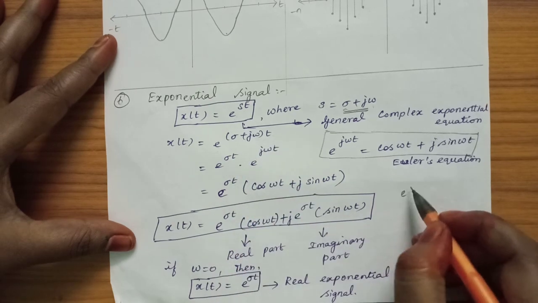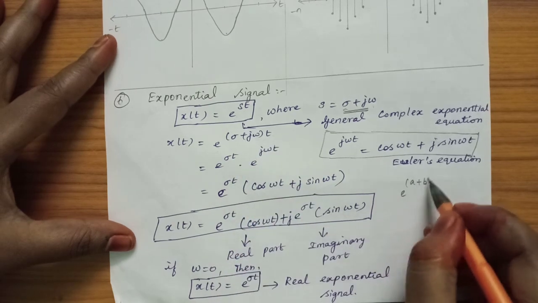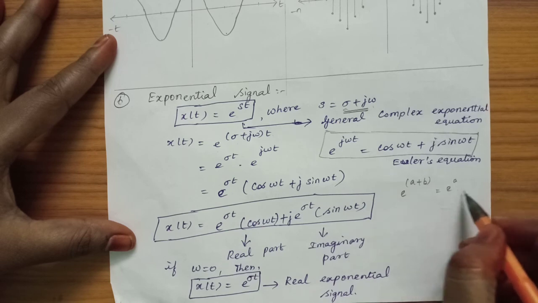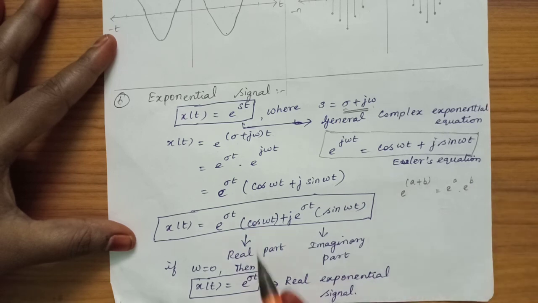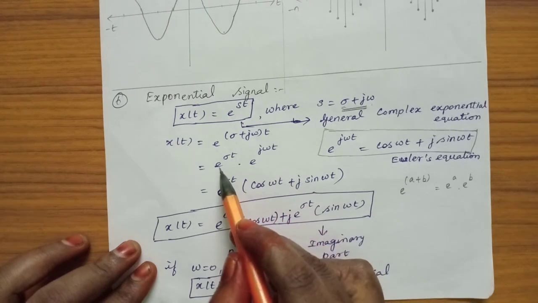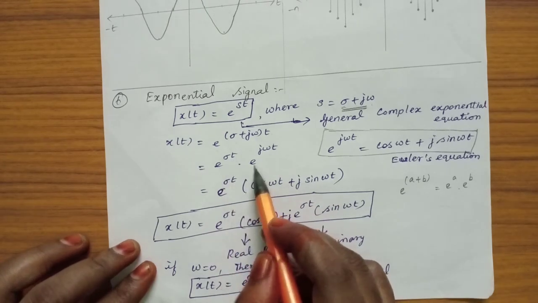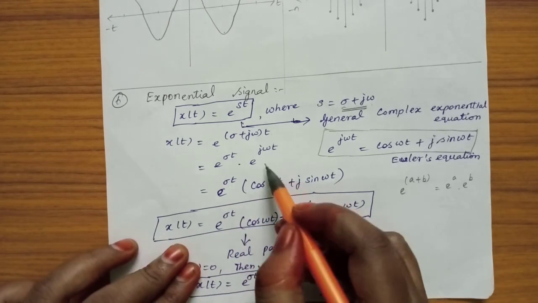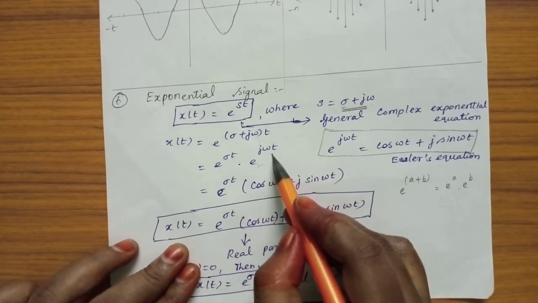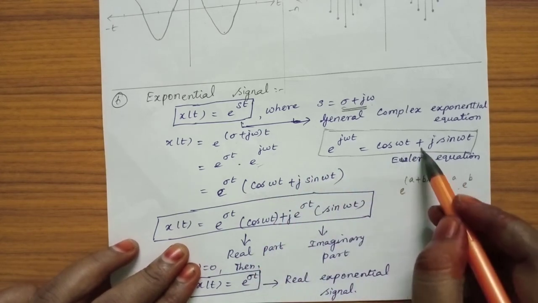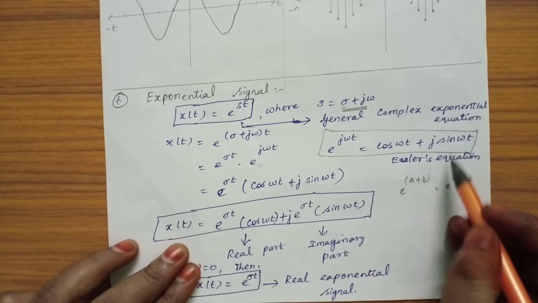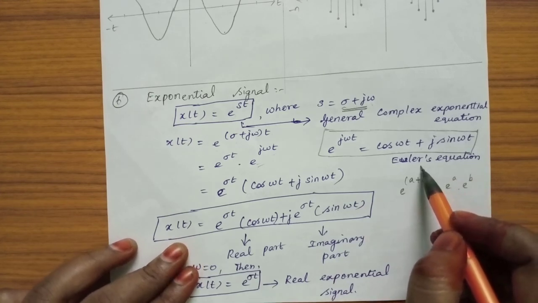So we know that e power a plus b equal to e power a into e power b. So we can write like this, e power sigma t into e power j omega t. So we know that e power j omega t equal to cos omega t plus j sin omega t. This is the Euler's equation.